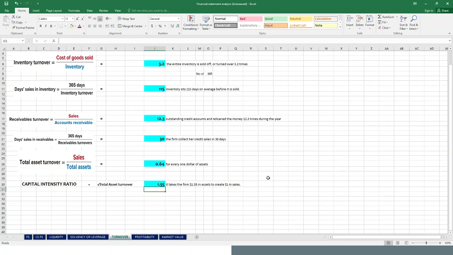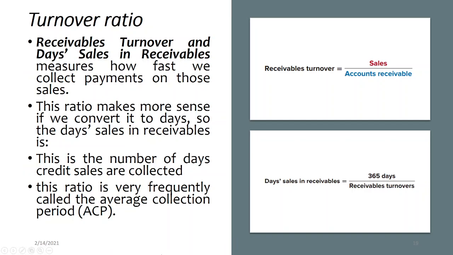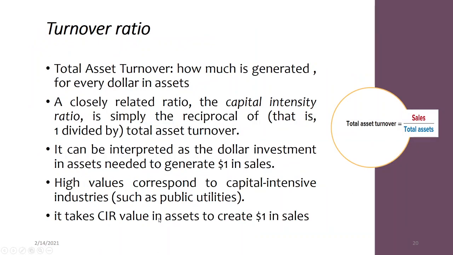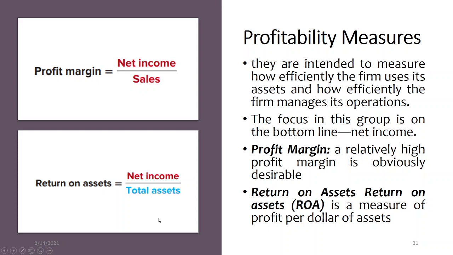So the next item we look at here is the profitability ratios. These are intended to measure how efficiently the firm uses its assets and how efficiently the firm manages its operations. The focus of profitability ratios is normally on the bottom line, which is the net income.